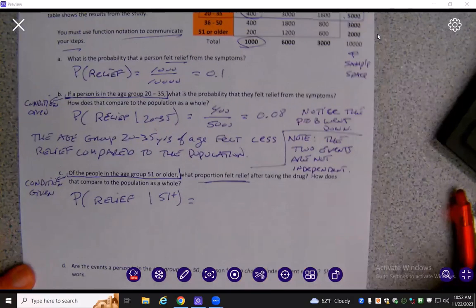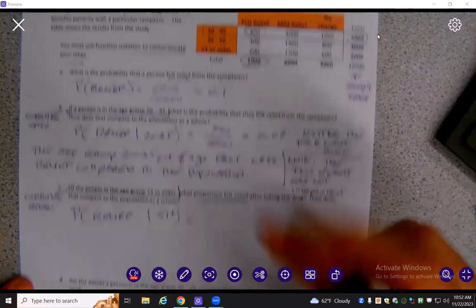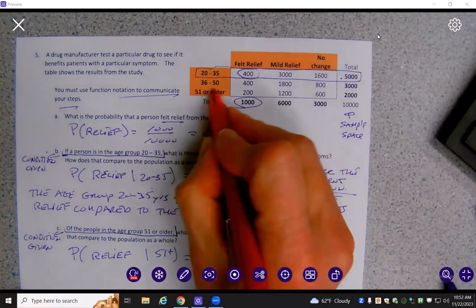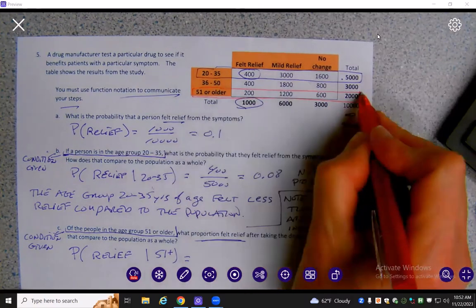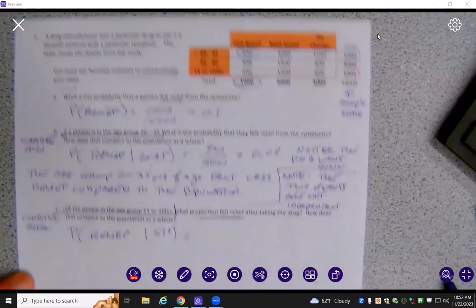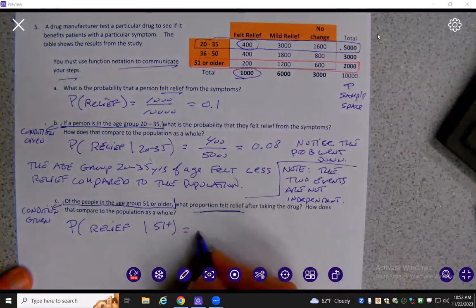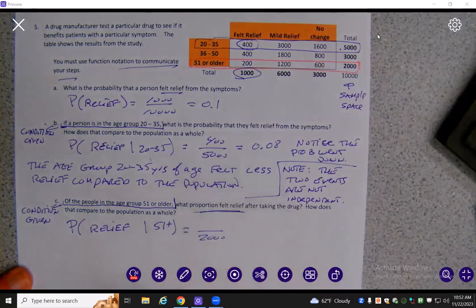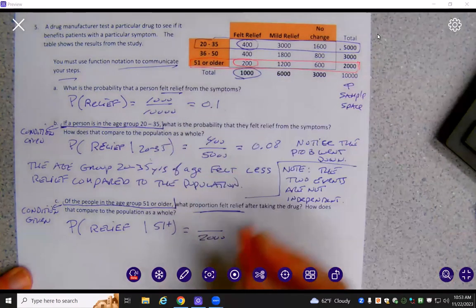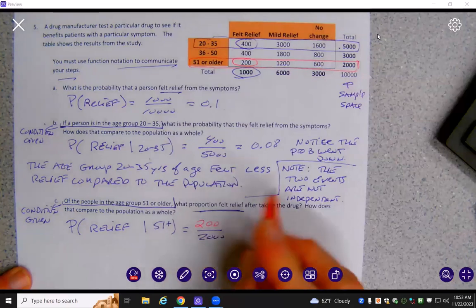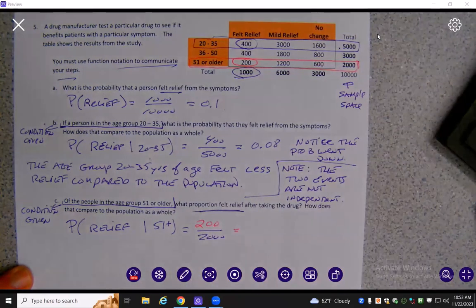So now I'm only looking at this part of the table. Only. And there's only now 2,000 people that I'm dealing with. And then the ones that felt relief is this group, 200.